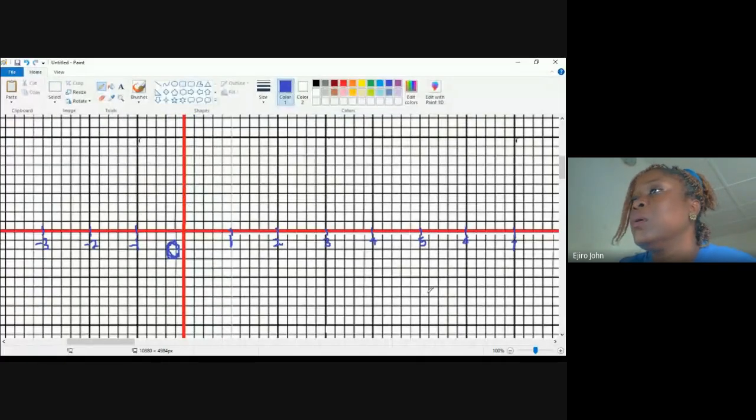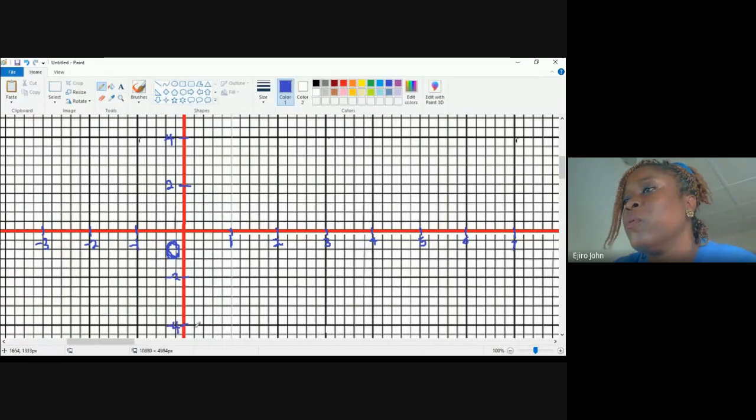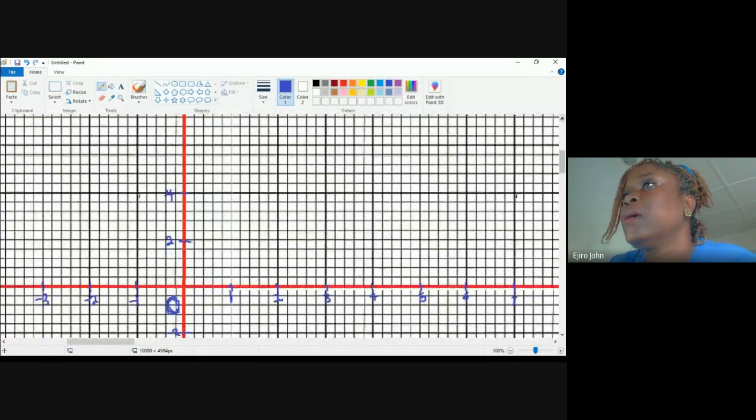The next one will be 4. Under it will be -2, the next one -4, then the next one 6.